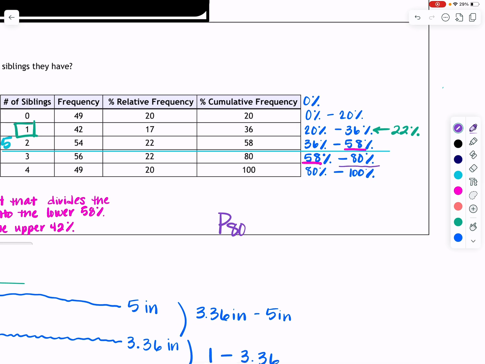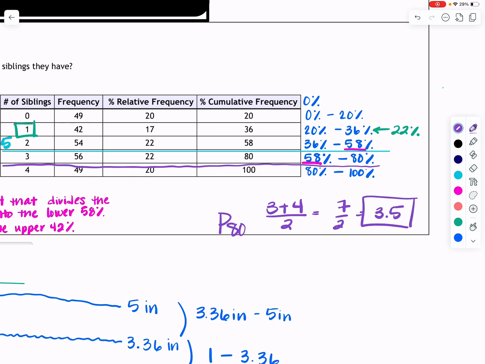Well, the dividing line for my 80% is right here between 3 and 4. So I need to find exactly the middle of 3 and 4. So P80 would be 3.5.